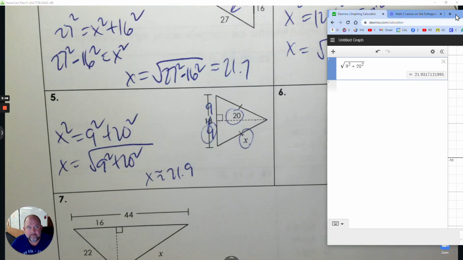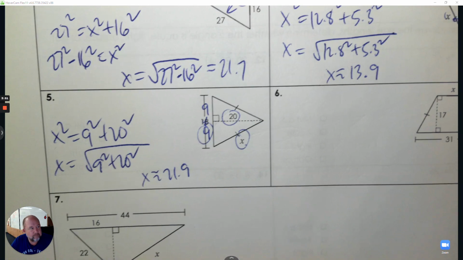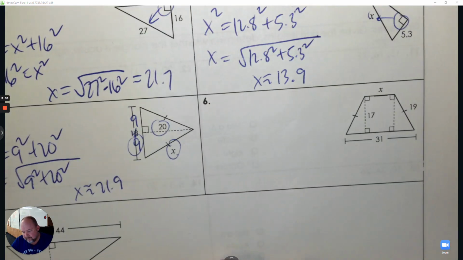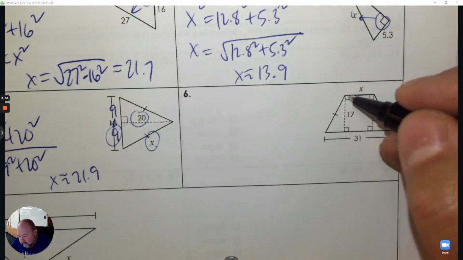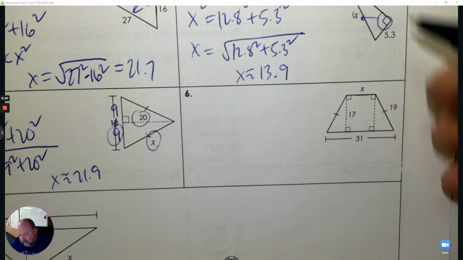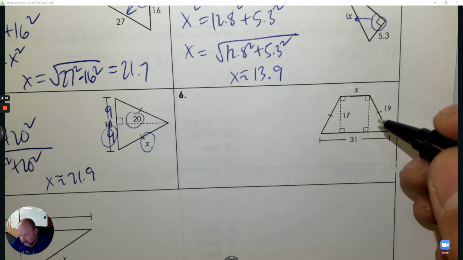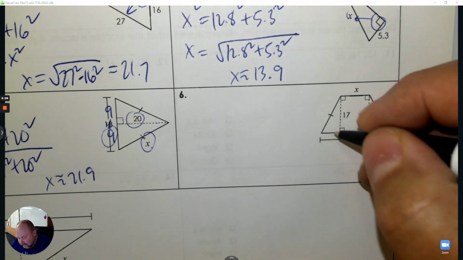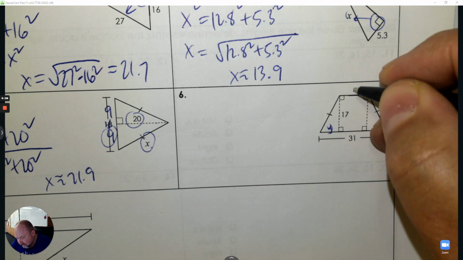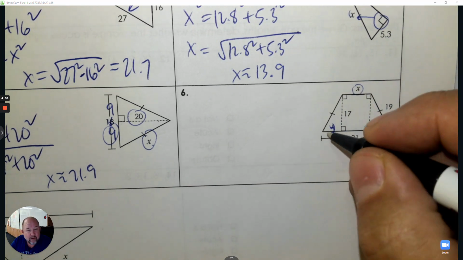Number 6. That's a trapezoid. So I want to find this width here. These are isosceles trapezoids. So what I'm going to do is I'm going to find this right here, and that's going to help me find what x is. So I'm going to find this length.